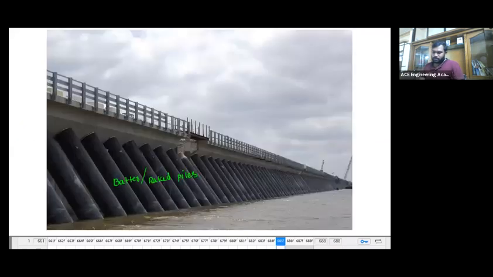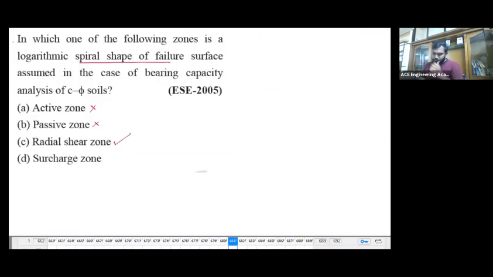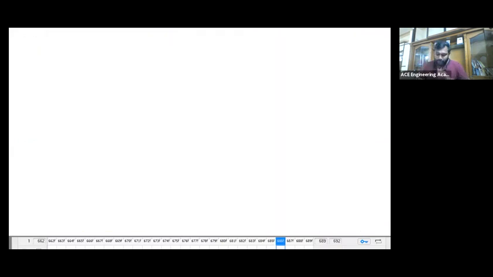Now let's see the next part. First one we discussed was based on the function, and the second one is based on the material.